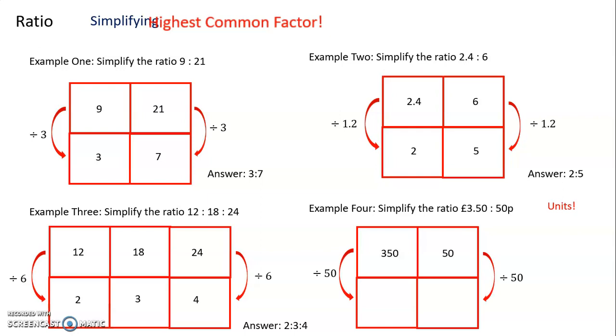So 50 is going to go into 350 7 times, and of course it's going to go into 50 once. So my answer is going to be 7 to 1. So what you've got to remember is your simplified ratios have always got to be integers, and also that you've got to change your ratio to have consistent units if your units are different throughout your ratio.